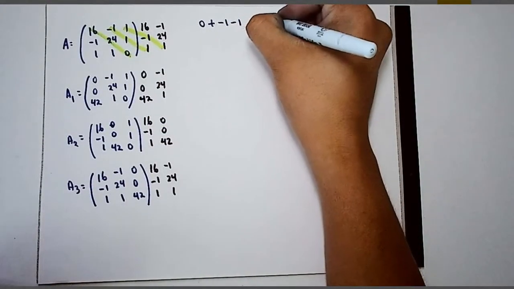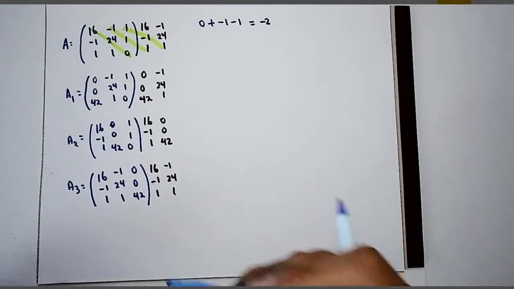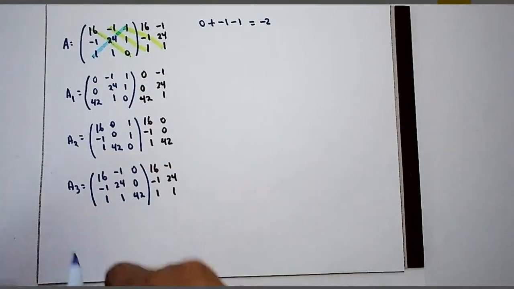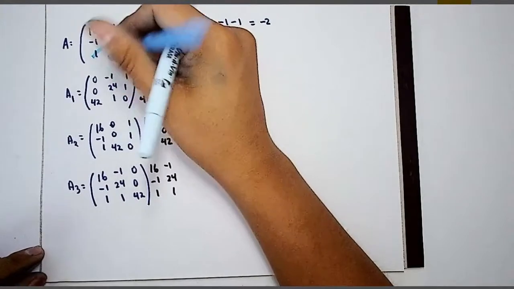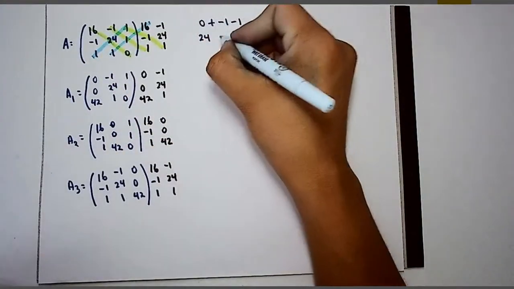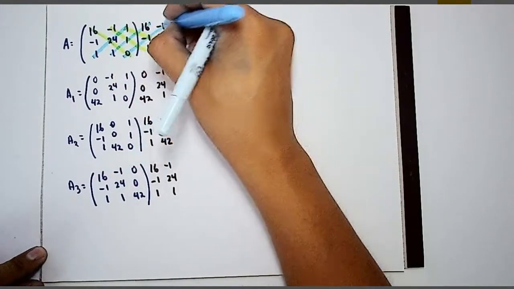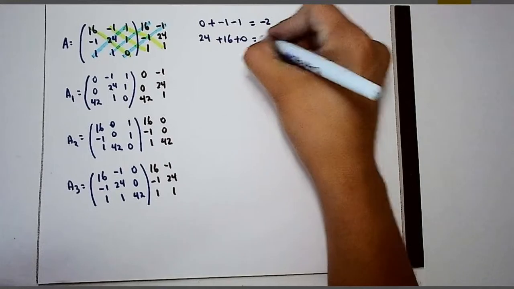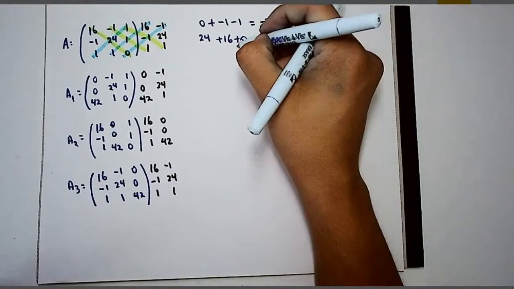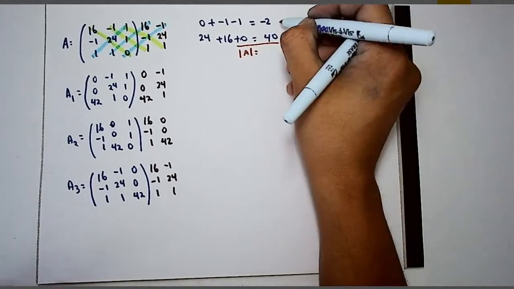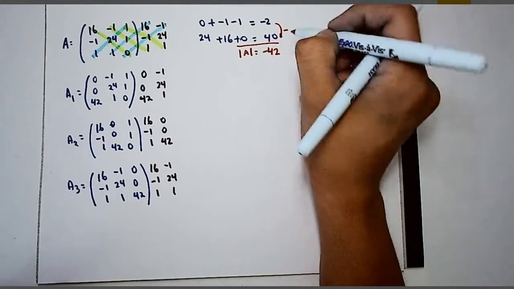So this is going to be negative 2. Let's proceed with the anti-diagonals. So this is 24 plus 16 plus 0. So this is 40. This means that the determinant of A is minus 2 minus 40, minus 42.